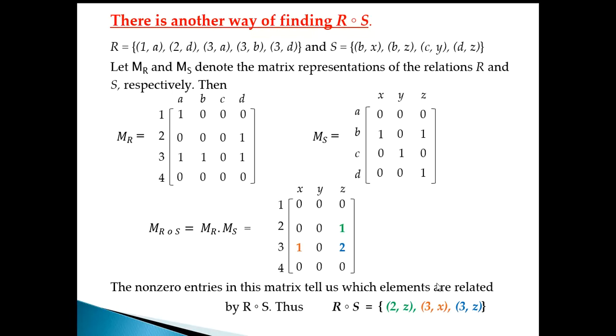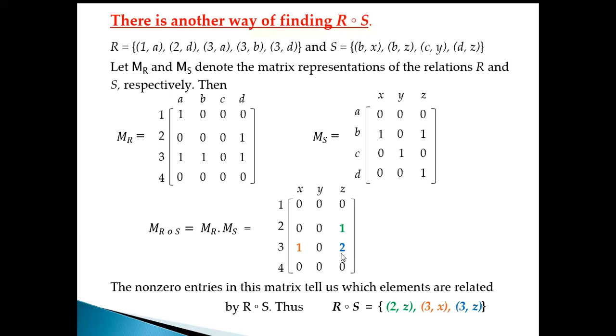By this matrix method we can calculate our R composition S, and we can see that our answer is the same as in the earlier methods. So the answer will be the same, only the method differs, right? Here, if we get the 2, it is because we did the multiplication.